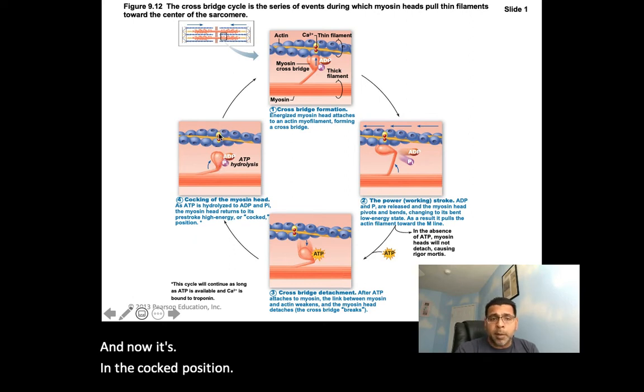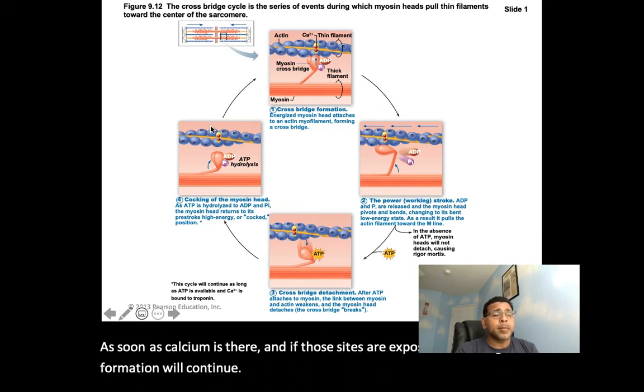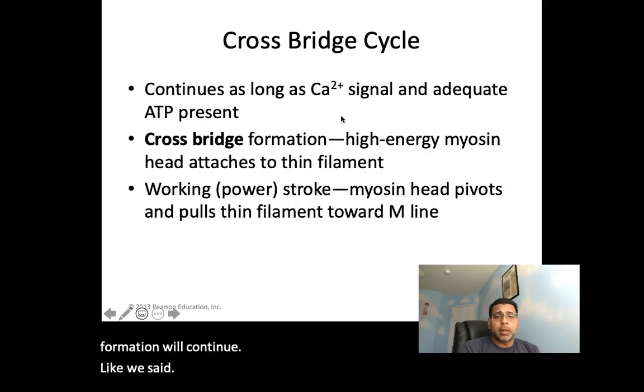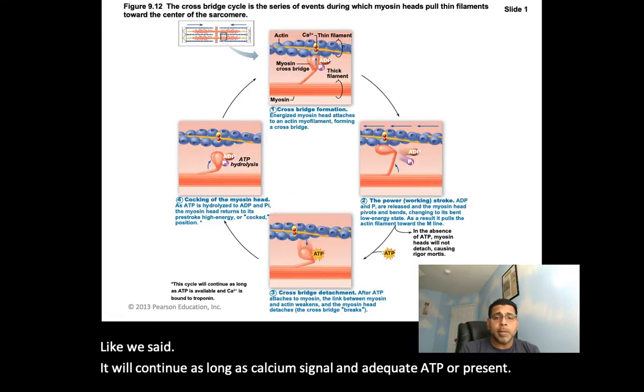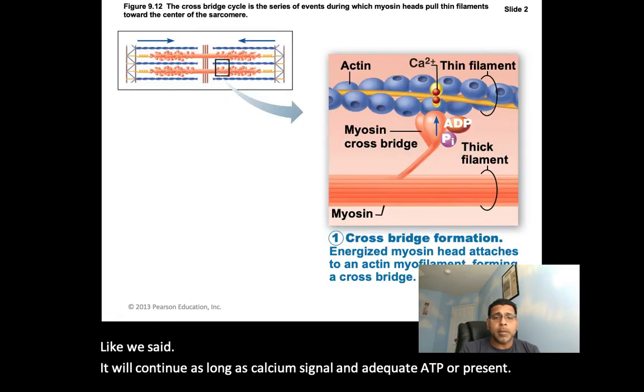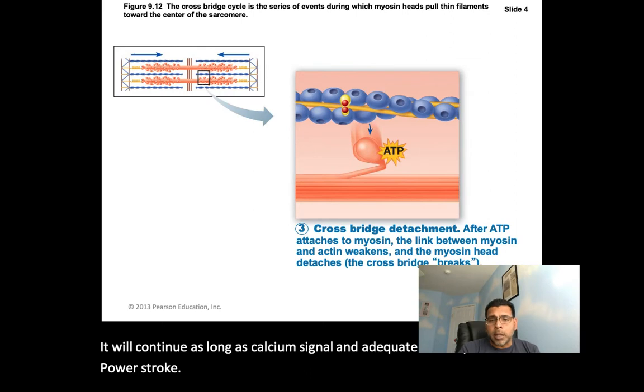As soon as calcium is there, and if the sites are exposed, cross-bridge formation will continue. Like we said, it will continue as long as the calcium signal and adequate ATP are present. Power stroke, and then the detachment.